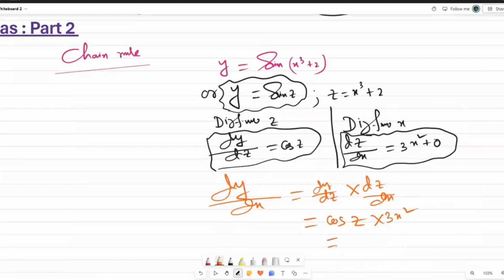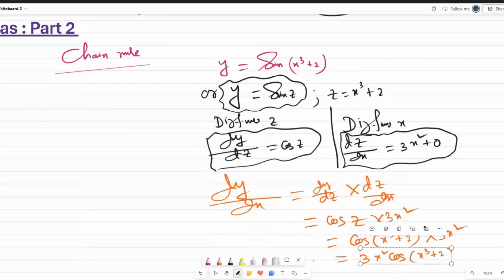So it will be cos of x cubed plus 2 into 3x squared. So it's a huge sum. Its derivative we have done by chain rule, going to be 3x squared cos of x cubed plus 2. Clear? So this is dy by dx.